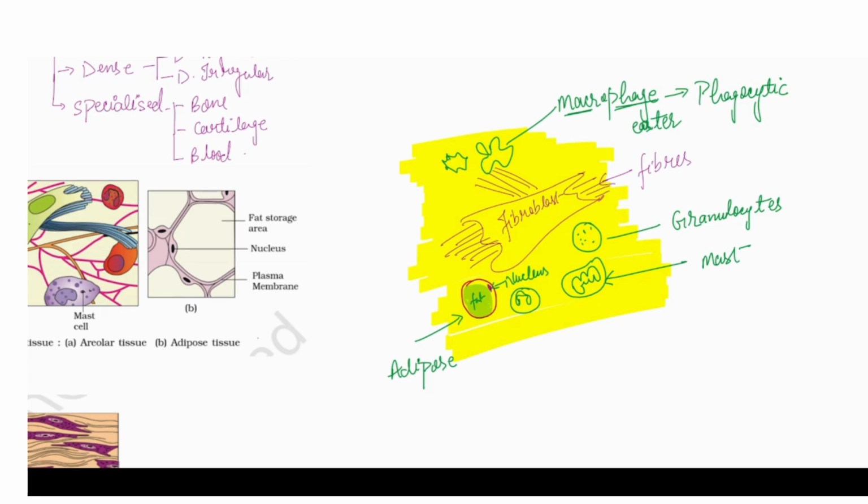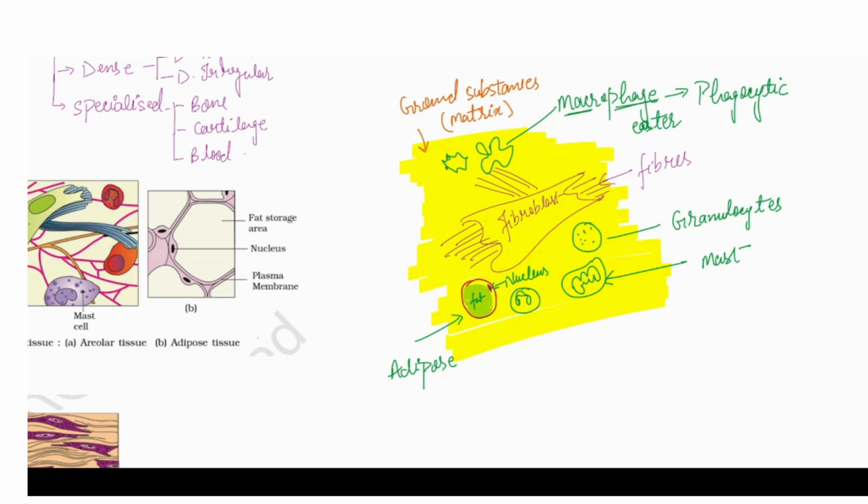Some other cells are also present, but let us focus on these few things only. But remember, this yellowish fluid is the matrix. It is the ground substance in which everything is present. As per our NCERT, we have the term ground substance, so I have written it here as per NCERT, but it is actually the matrix in which all these cells as well as the ground substance are present.